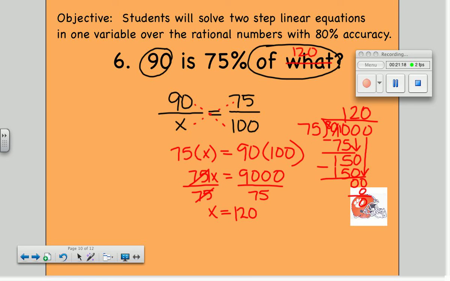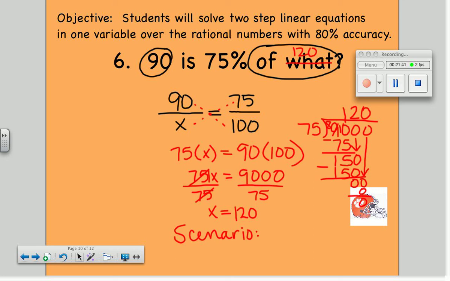So again, write your own scenario here. What does that mean? Maybe that means if I had 120 questions on a test and I got 90 right, then I got 75% right. That means I have a C. What percent did you get wrong? You should have answered 25%. Well, how many questions is that?